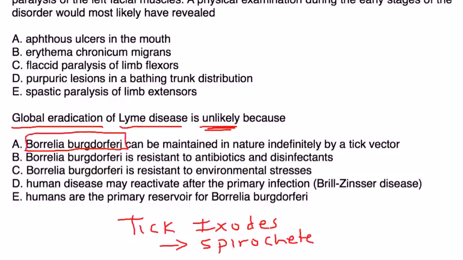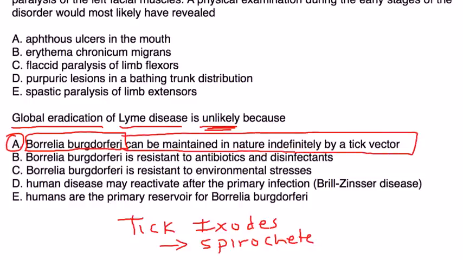Because the tick is endemic to certain geographic regions, Borrelia burgdorferi can be maintained in nature forever, pretty much, by this tick. So therefore, A, where it says Borrelia burgdorferi can be maintained in nature indefinitely by a tick vector, is the correct answer.